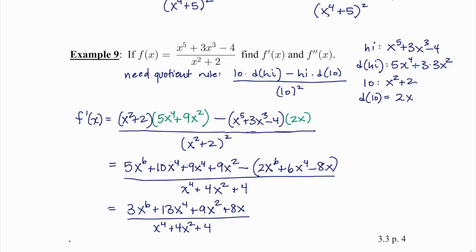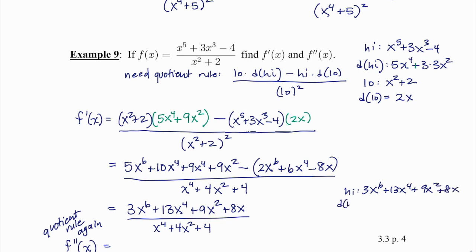And now for the second derivative, I need the quotient rule again, because I'm just taking the derivative of the first derivative. So I just restart and I say, okay, now high is 3x to the 6th plus 13x to the 4th plus 9x squared plus 8x.